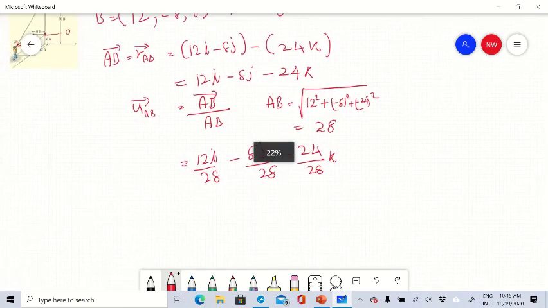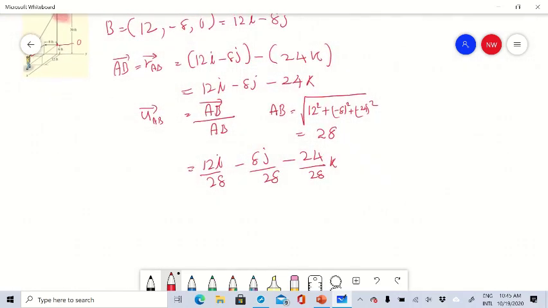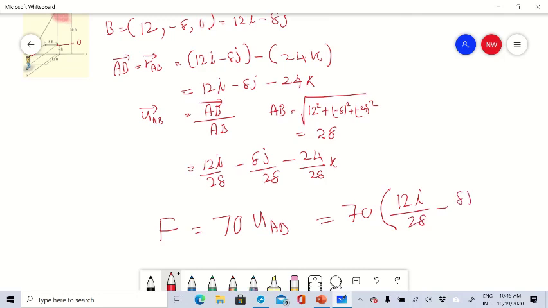So now we know that the magnitude of the force is 70. So we can express the force as 70 times UAB, which is 70 times our unit vector in the AB direction, 12i divided by 28 minus 8j divided by 28 minus 24k divided by 28, right?